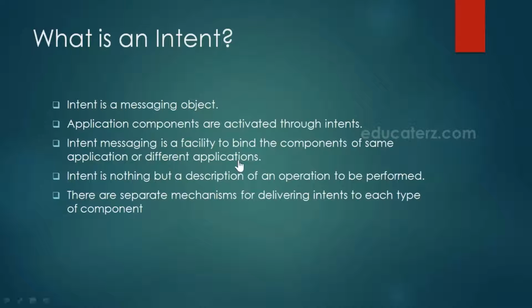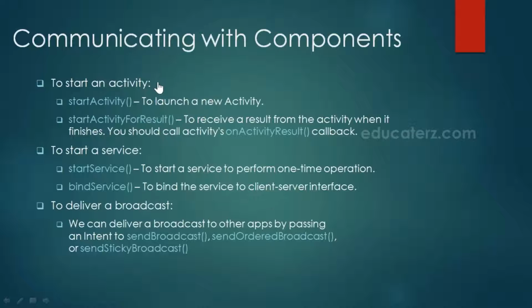So it has a small description of an operation, and there are different mechanisms to deliver intents to different application components. As we have activities, services, and broadcast receivers, we have different mechanisms to pass an intent to these three application components.